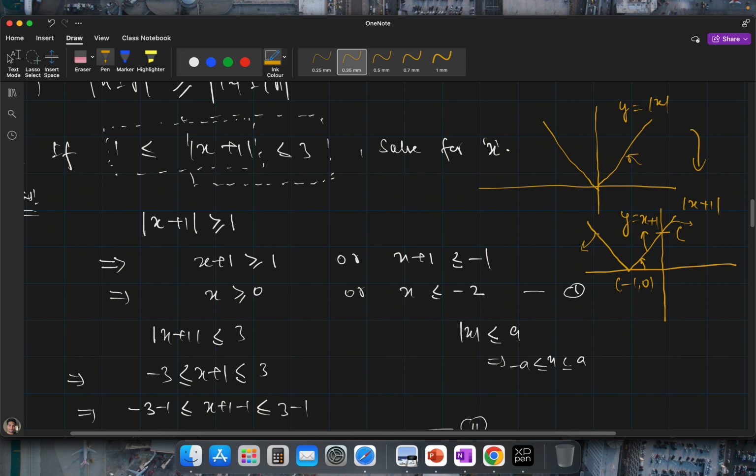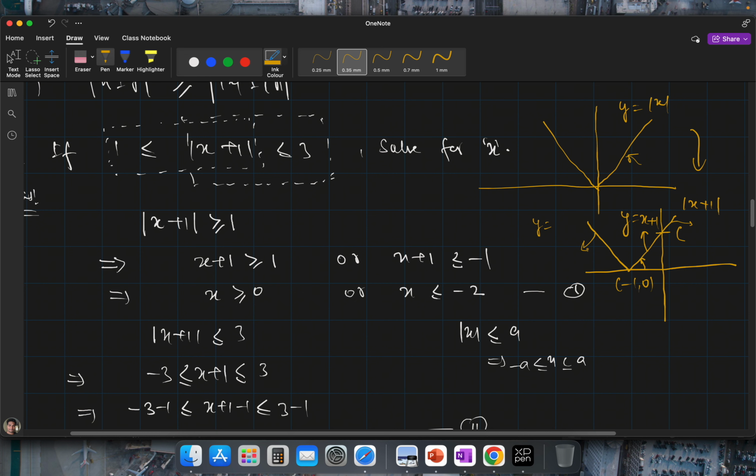Now what is the equation of this line? What is the slope of this line? Minus 1, not 1. So what is the equation of this line? I am asking the equation.